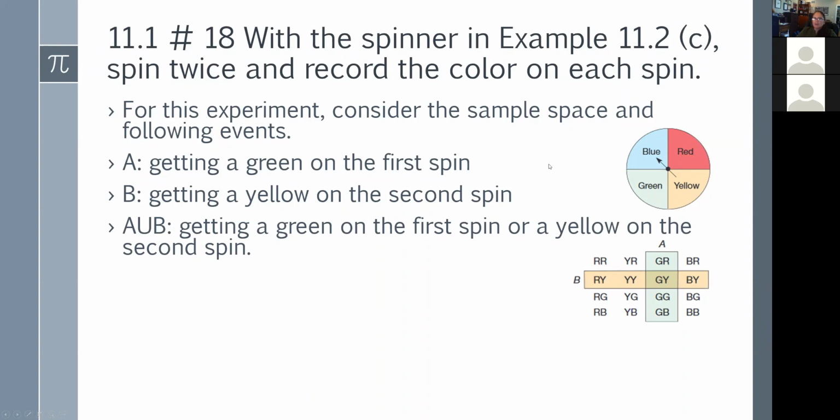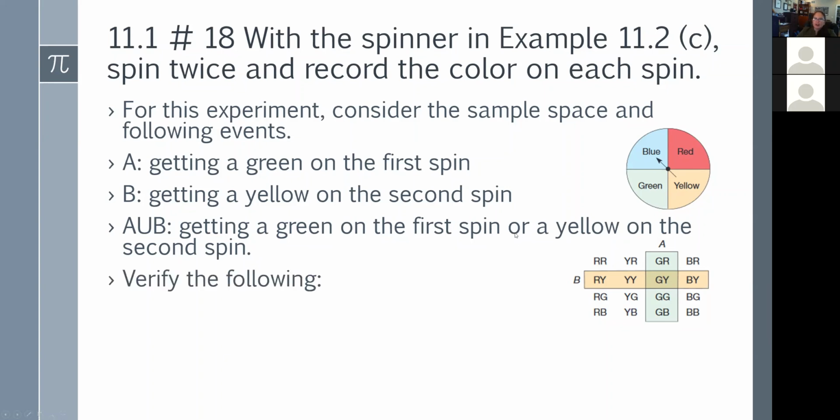A union B is that we get a green on the first spin or a yellow on the second. And remember, when we do union, we're always saying or both. So GY, green on the first and yellow on the second, is included in A union B.